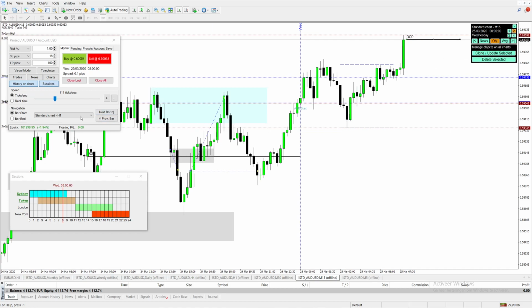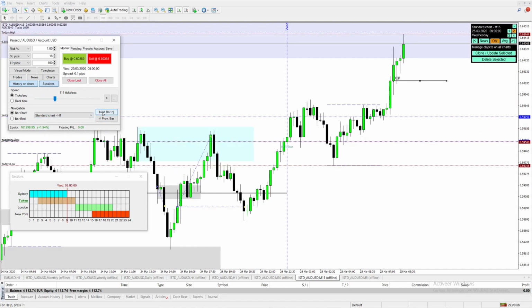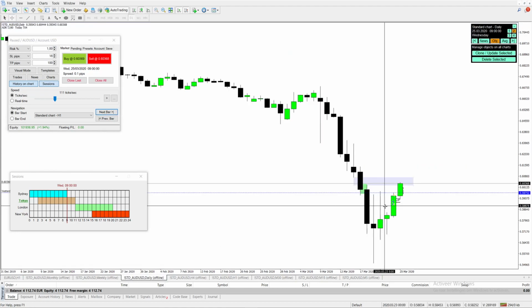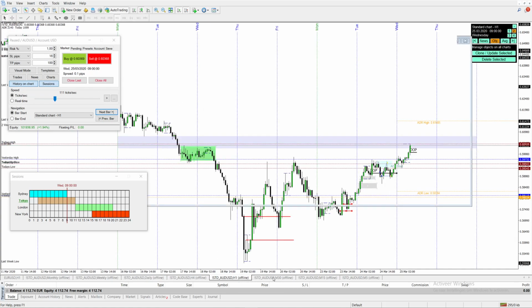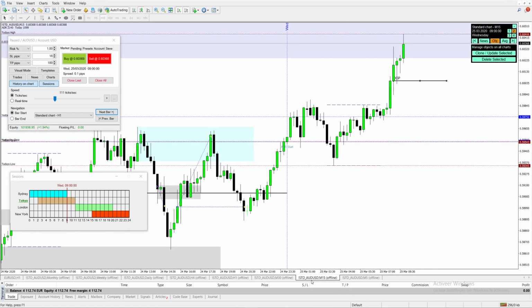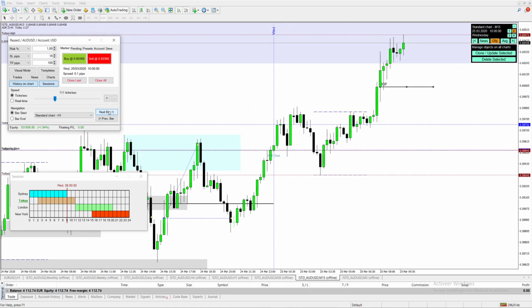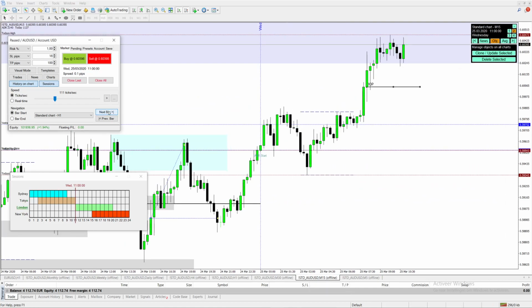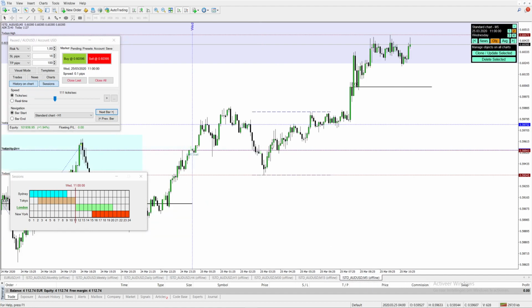Okay, let's skip to London Open. Alright, so we already hit the target. So from initially our bias was going into this fair value gap, so now we have to kind of wait. Right, maybe we can even catch a retracement lower.